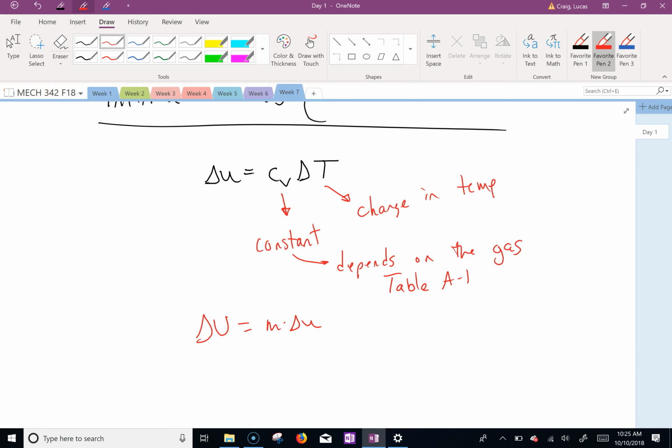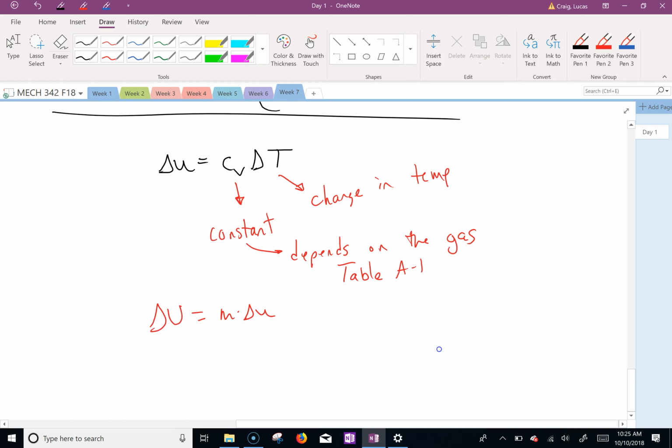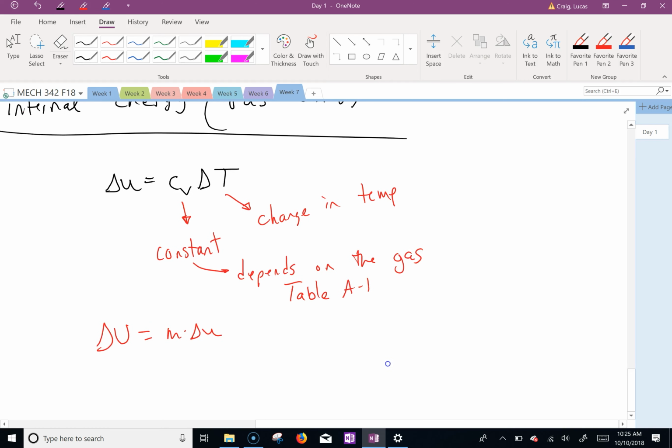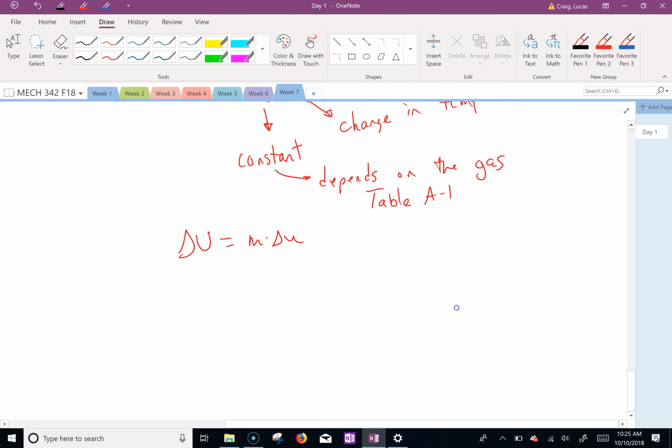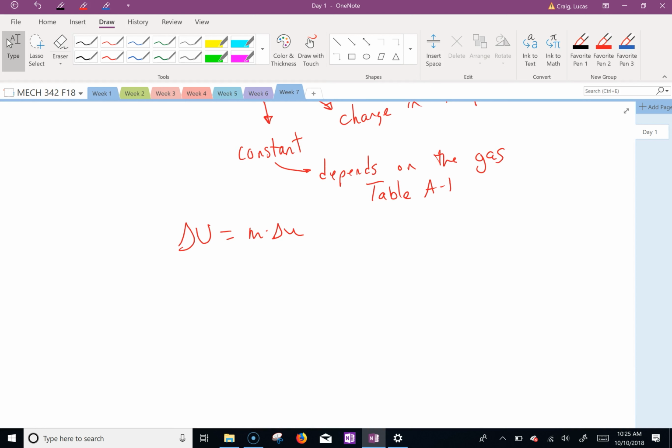Let's see, a couple other things to remind you about. Enthalpy.